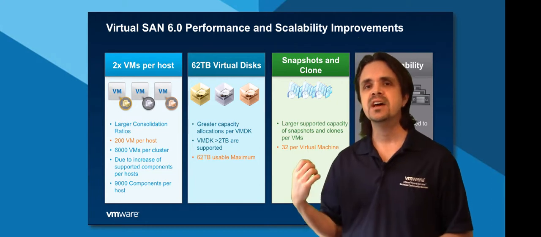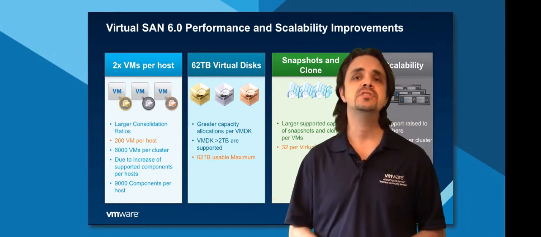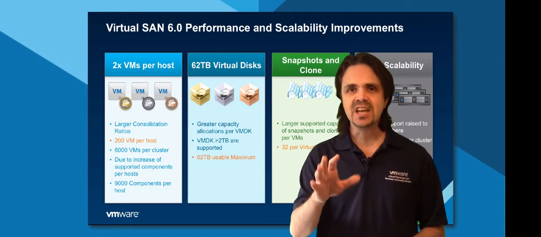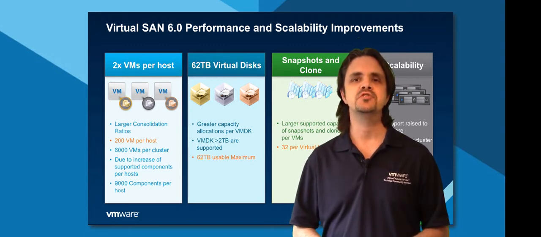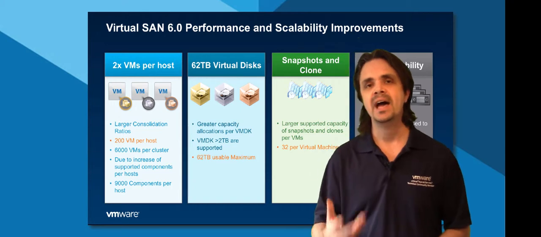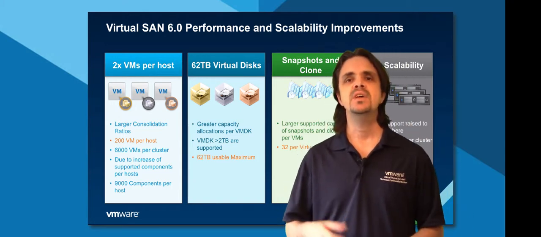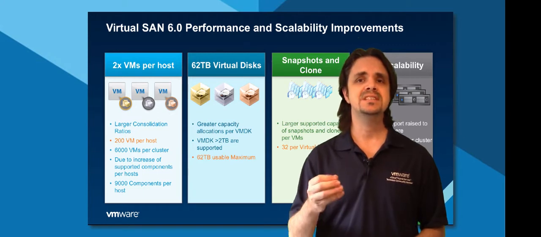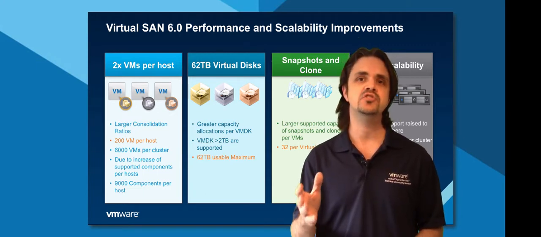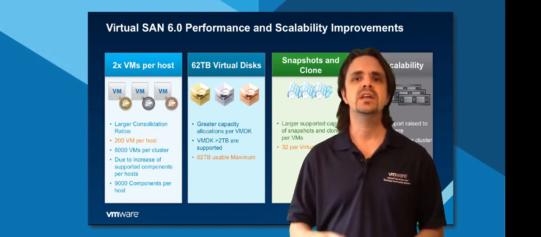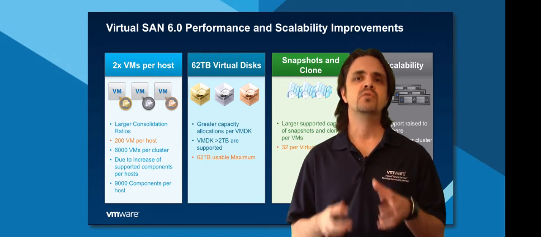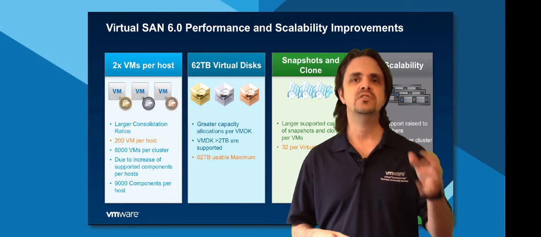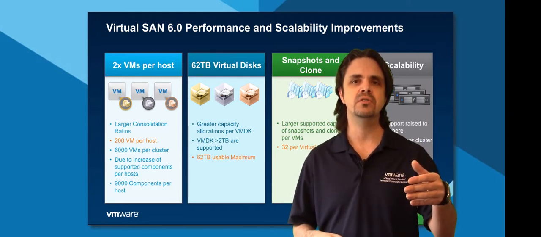Additionally, we see now that we have up to 32 snapshots per virtual machine. And this raises an interesting point. Years back when I was a VM admin, we had a case wherein we were doing a ton of development. The developers were using snapshots pretty much the exact way you should use them. They were going in, creating code, running a snapshot, and then testing, going back, doing another snapshot, and progressing through.